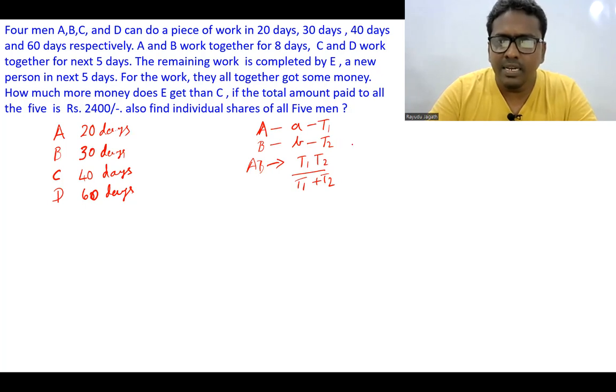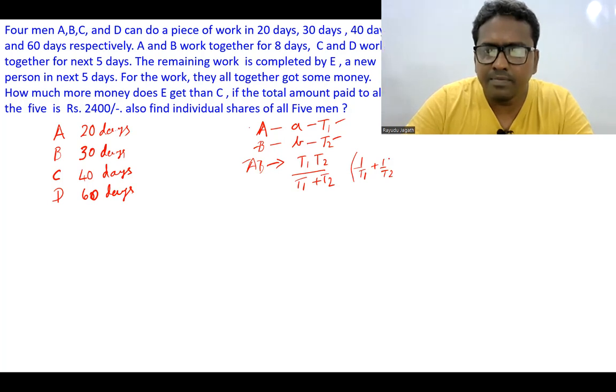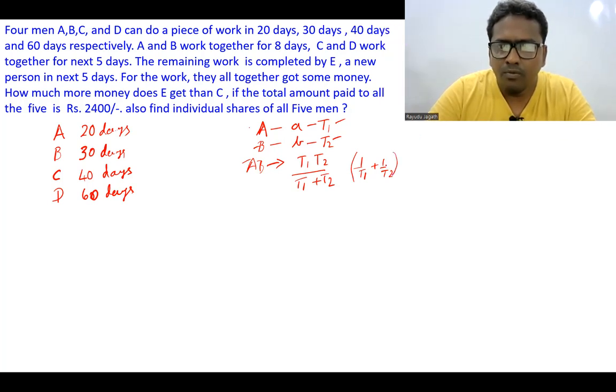The derivation I can do here. I repeat, A can do a work in T1 days, means in one day he can do 1 by T1 work. B can do a work in T2 days, means in one day he can do 1 by T2 work. So both A and B can do in one day 1 by T1 plus 1 by T2 work.